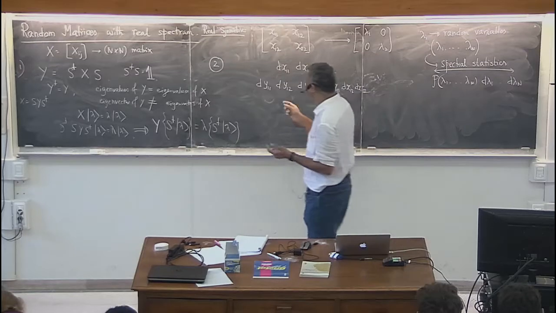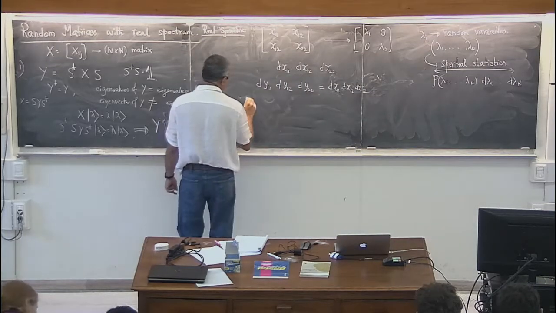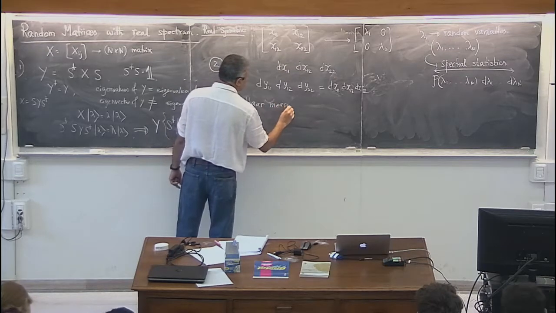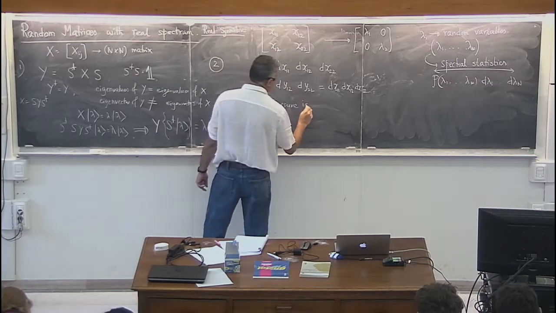Okay? So there is a fancy name for this theorem, which is called the Haar measure. Haar measure means uniform measure. So Haar measure is invariant under similarity transformation.